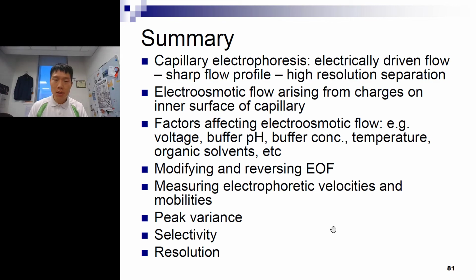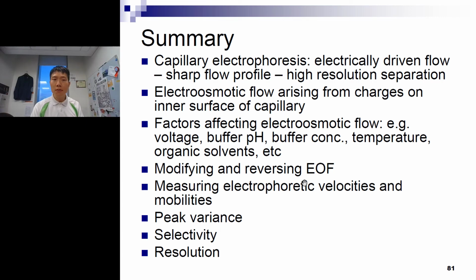So in summary, CE is pretty good. We talked about how the electric field drives the flow of the ions, how you achieve the sharp profile, and what affects the resolution. There's also something called the EOF, electroosmotic flow, from an inner surface.